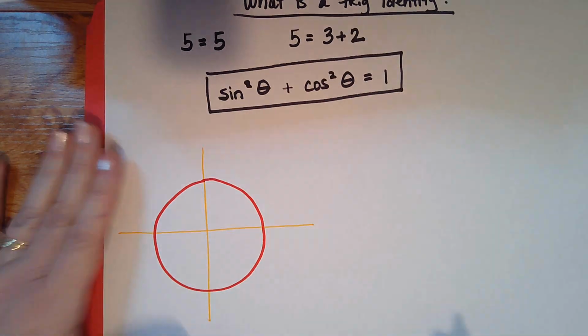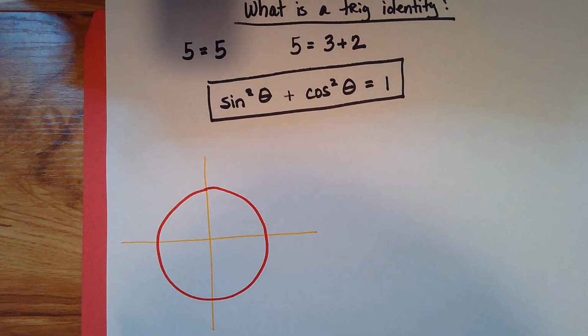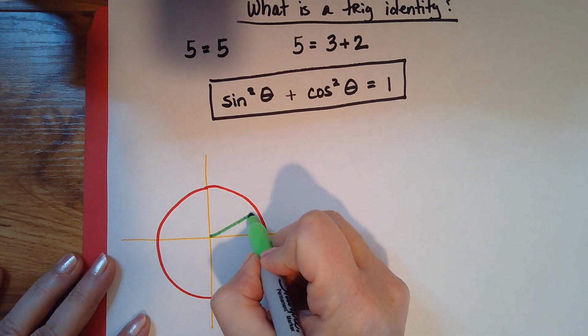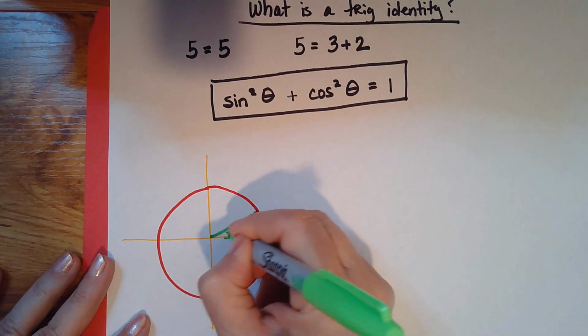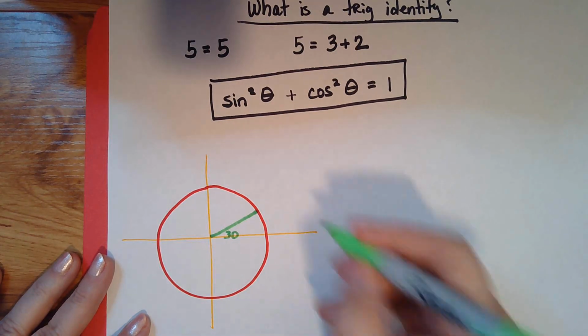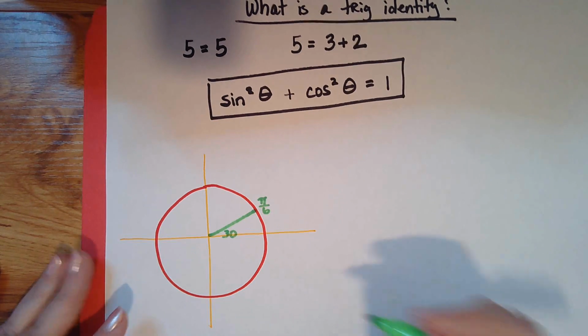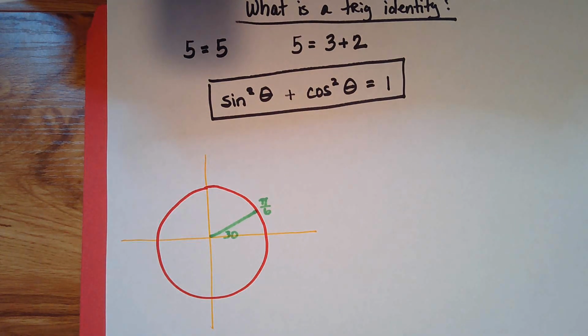Now, my unit circle is not perfect. It is not a perfect circle. And I'm going to further mess it up by drawing a not very precise angle there. But we're going to say that this is a 30-degree angle, or if you prefer, pi over 6 radians. It is a 30-degree angle, and we are going to use this to learn where in the world this comes from.